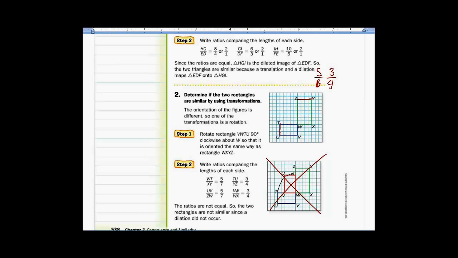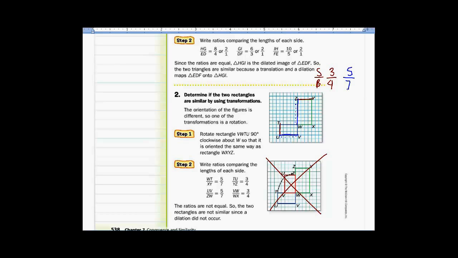Okay, now I have to pick another side. So if I pick another side, let's pick this one. Again, if I do small to big, then my small side has to go on top. That's 1, 2, 3, 4, 5 units long. That corresponds to this one right here, which is 1, 2, 3, 4, 5, 6, 7.